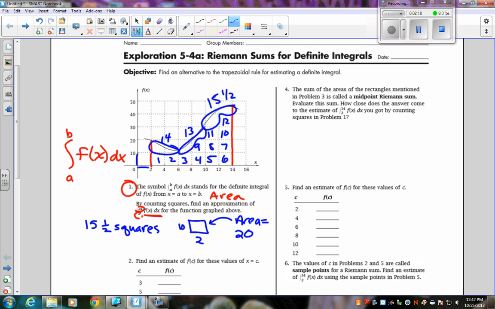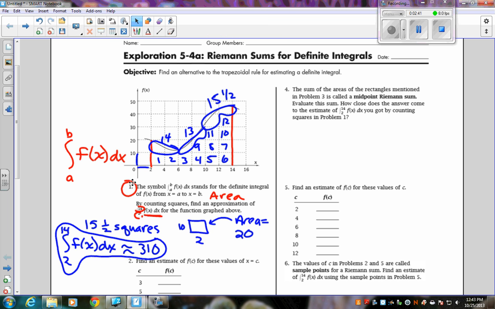So to estimate the definite integral from 2 to 14 of f of x dx, that's 15 and a half times 20, which gives 310. This is my estimate for the area under the curve between x equals 2 and x equals 14.